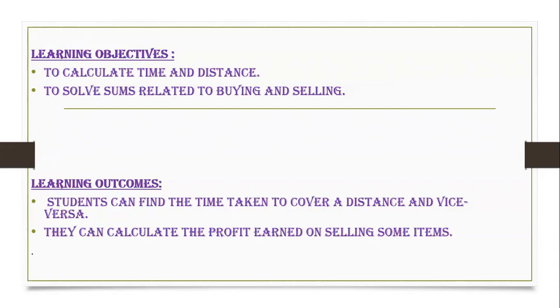The learning outcome will be you will be able to solve distance and time based questions. When the time is given, you will be able to calculate the distance, or if distance is given, you can calculate the time taken. You will also be able to solve questions based on profit earned on selling a few items. So let's proceed.